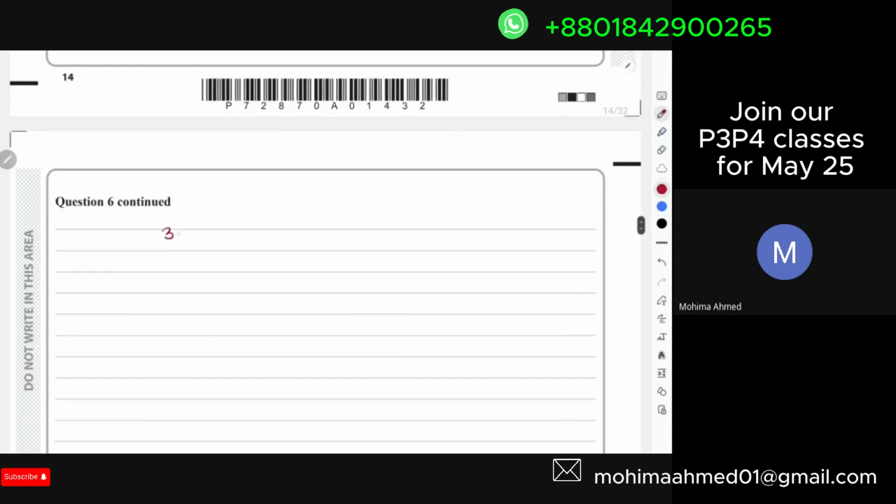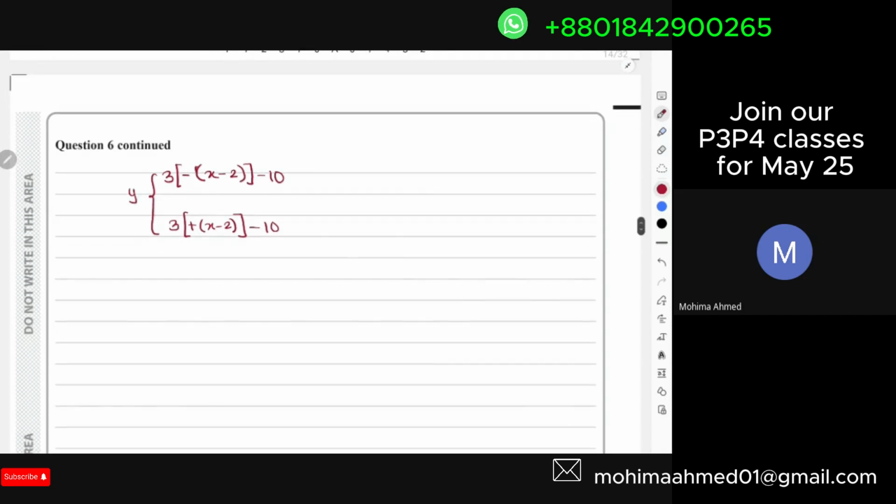So it could be either 3 minus x minus 2 minus 10 or 3 plus x minus 2 minus 10, right? Both of them could be your actual f of x. And this was equal to 5x plus 10.